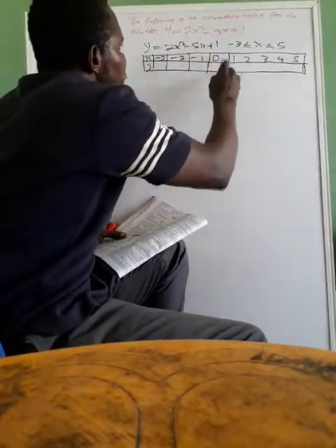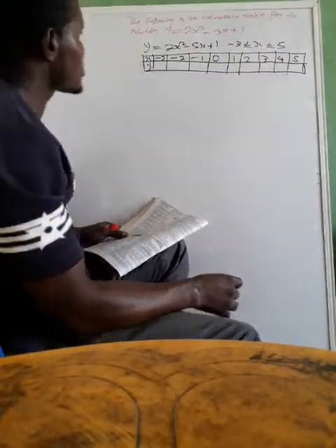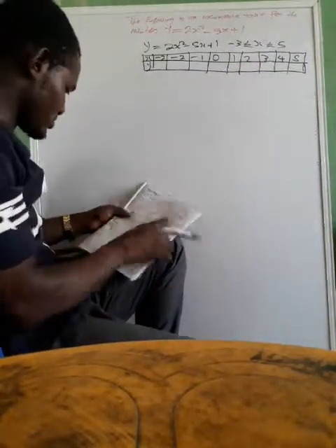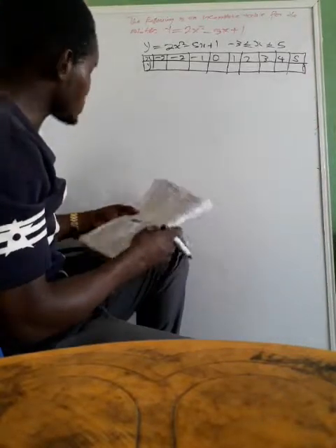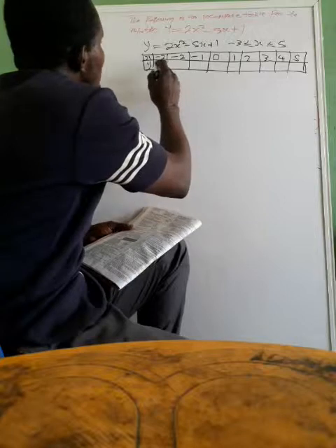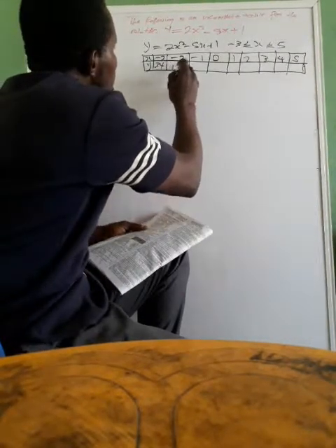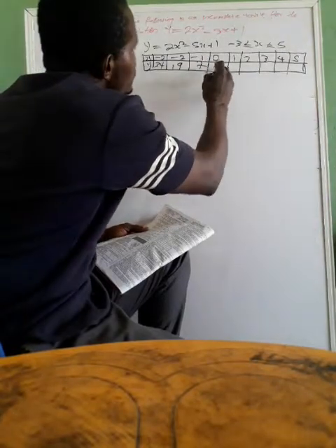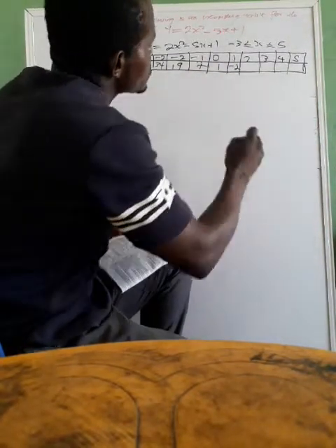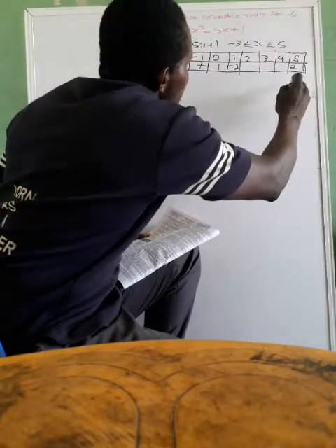So this is what we are having. Now I have 34, 19, 7, then 1, minus 2. I can't remember everything. This one is 26.